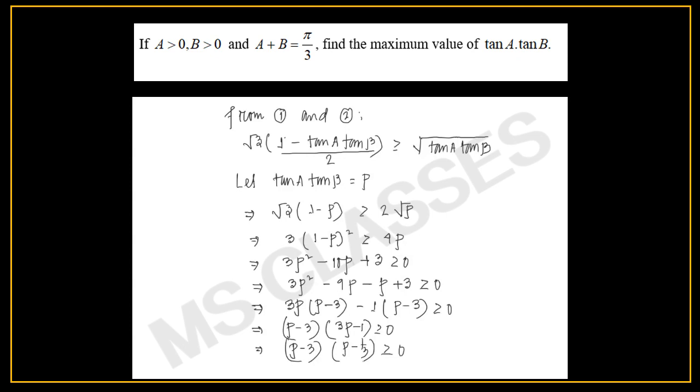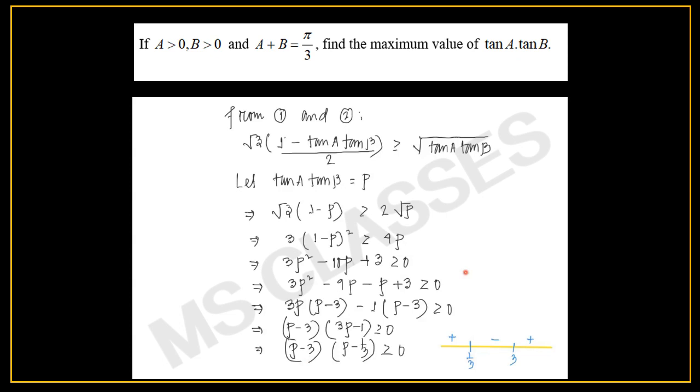Now from this, if we simplify using the wavy curve method, we see it is 1 by 3, this is 3, plus minus plus. So here what we get is that either p is greater than or equal to 3 or p is less than or equal to 1 by 3. Now here we are trying to find the maximum value. p cannot be greater than 3. If we take p greater than 3, then the product will exceed to infinity. But here we have a restriction: we have a plus b equal to pi by 3.